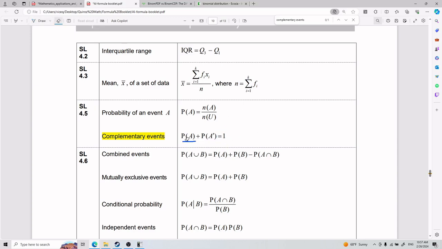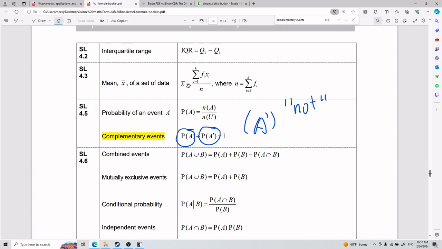What is this P(A) and this P(A') with an apostrophe? P(A) is the probability of A, and P(A') is the probability of not A. Whenever they put a little symbol like that, it's like not this. See? So the probability of A plus not A has to equal 100% because it is all the scenarios.